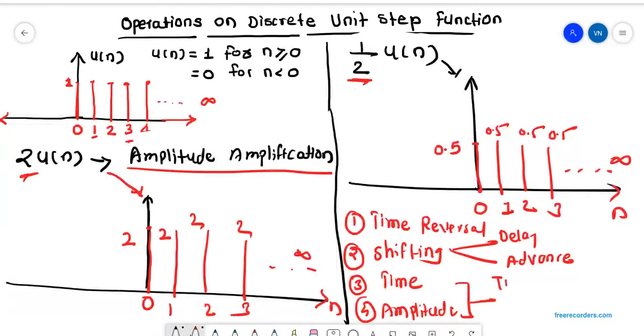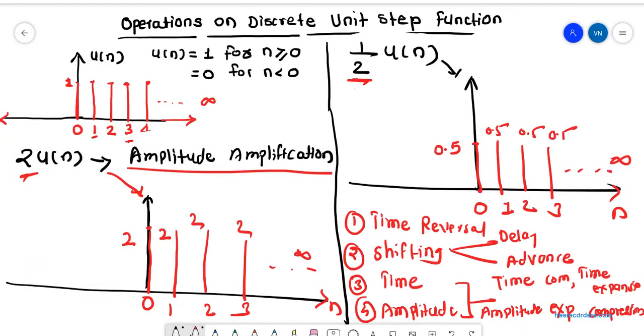In both time and amplitude we have two types: time compression, time expansion, and amplitude amplification and amplitude compression. So these are the different operations. 1, 2, 3, 4, 5, 6, 7 operations are there. I hope you understand how to do the operations on a discrete time unit step function, and that you are now very familiar with the operations.